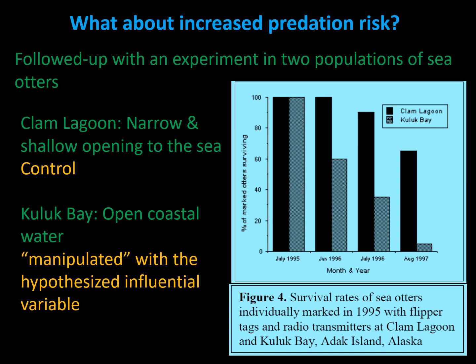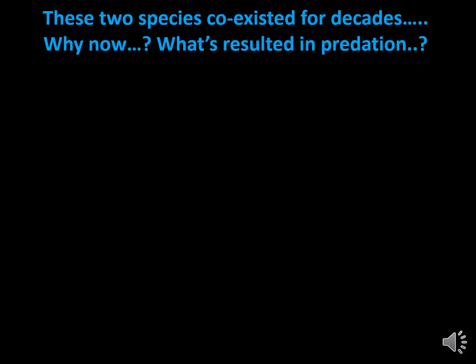But still, despite that, you can see the decline in the Kulak Bay is tremendous compared to what you observed for the Clam Lagoon. Okay, now the biggest question is, well, those two species have coexisted. You noticed in a previous map that the range of the killer whales and that of sea otters do overlap, meaning they actually did coexist.